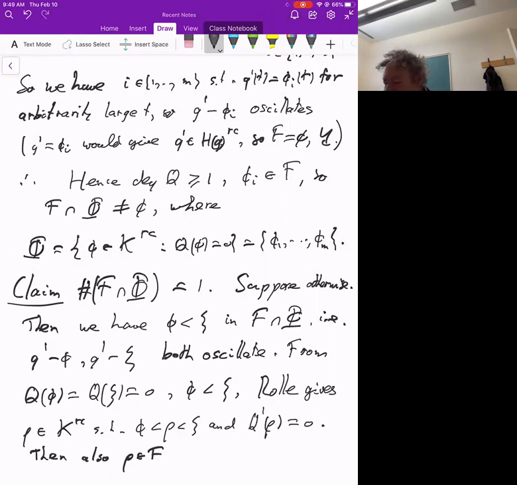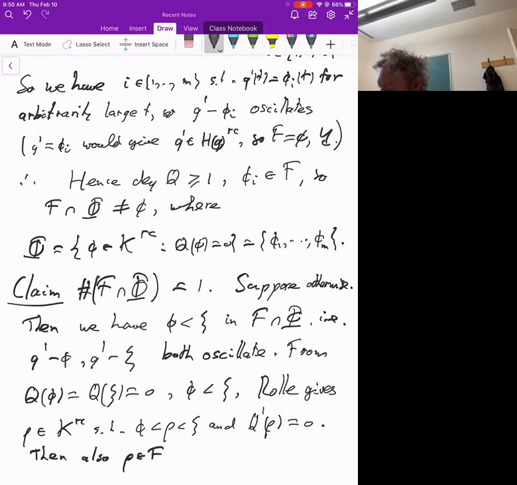If you draw the graphs of phi and xi and g prime, phi is ultimately below xi, and the graph of g prime will intersect the graph of phi infinitely often for arbitrarily large t, and also the graph of xi will intersect for arbitrarily large t.